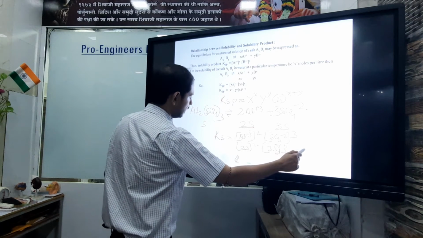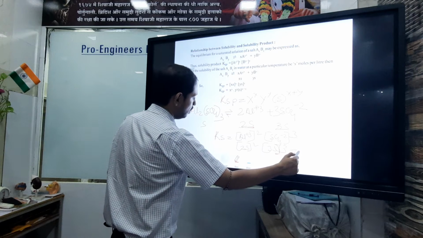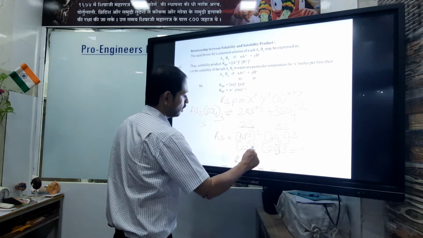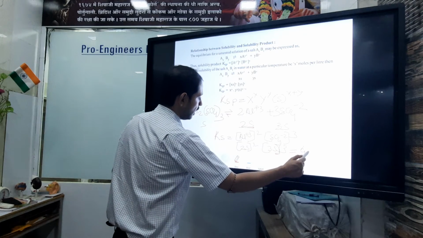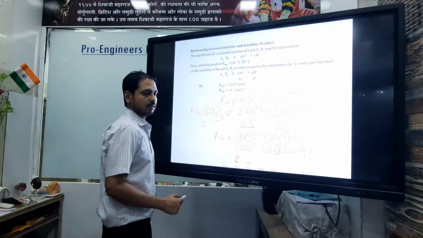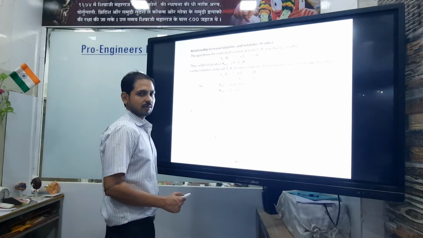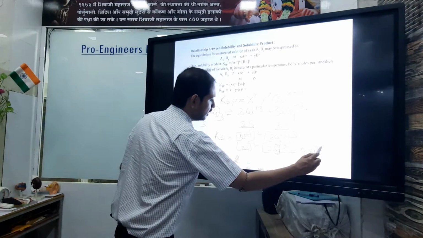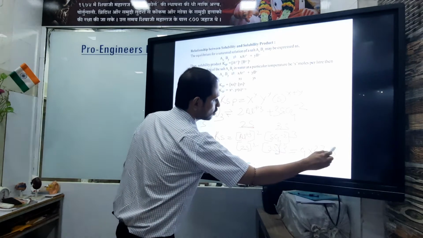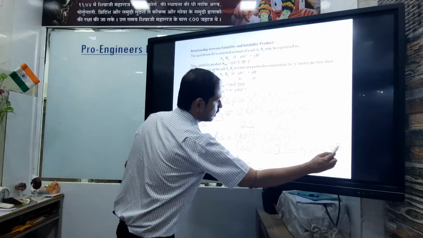So you will get the relation KSP is equal to 2 raised to 2, which means 4, and 3 raised to 3, which means 27. So 27 and S squared times S cube, so S to the power 5.